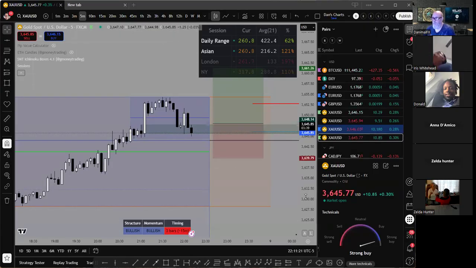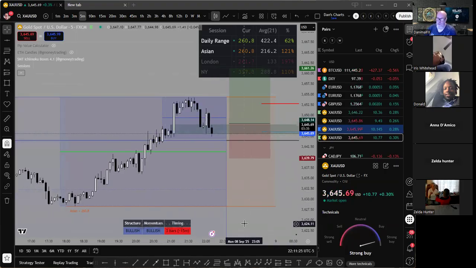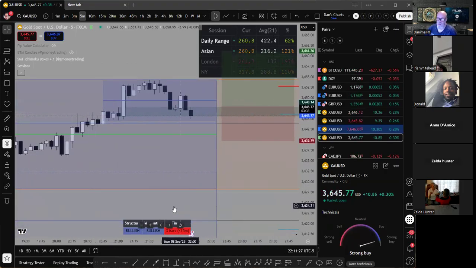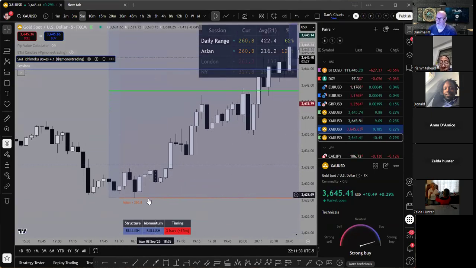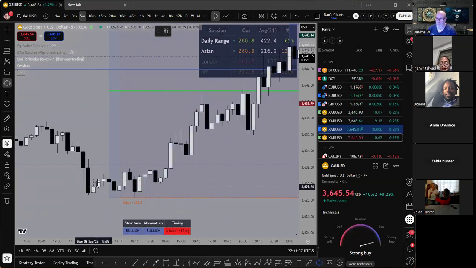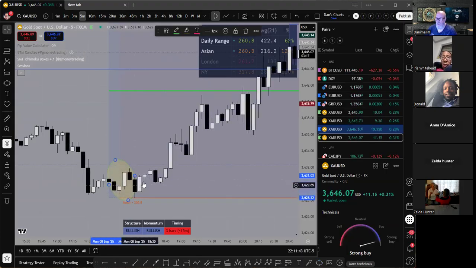Isn't the morning star and the doji the same? Well, a morning star is more like this. Yeah, doji. So here we go. Here's a morning star, a beautiful one, right here. Beautiful morning star right there.